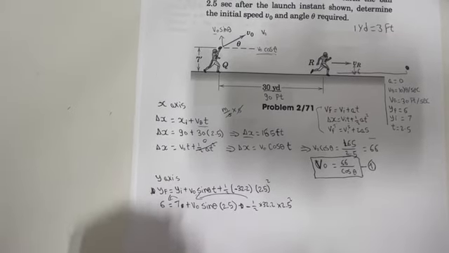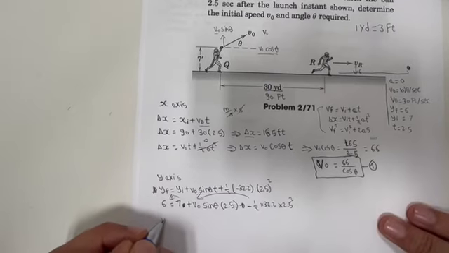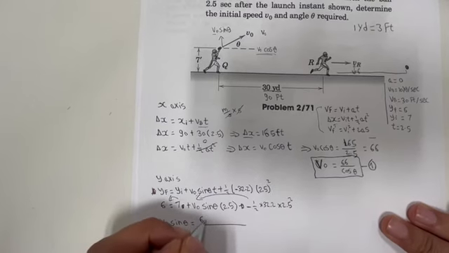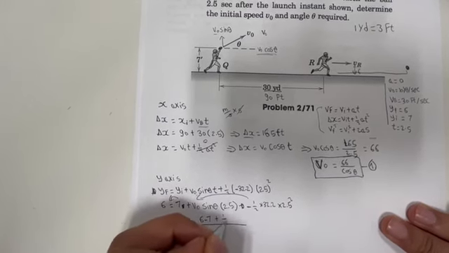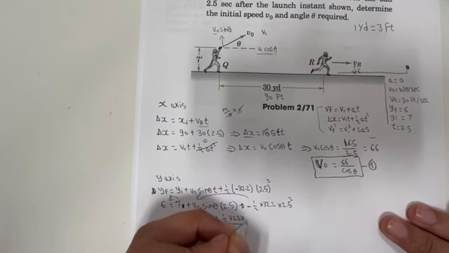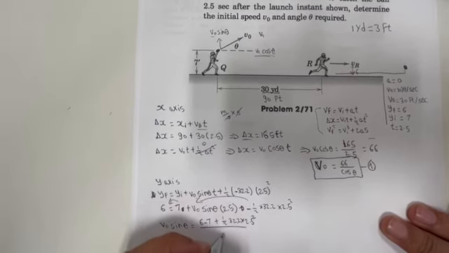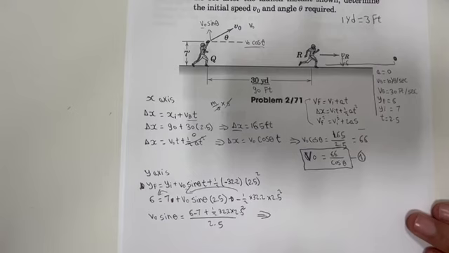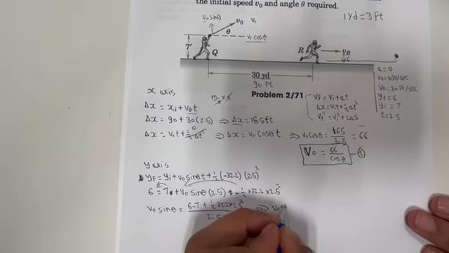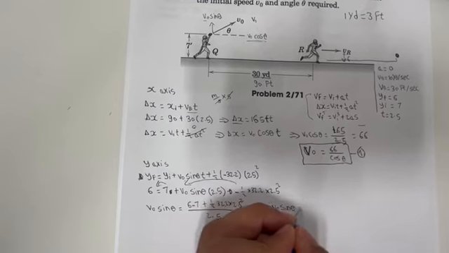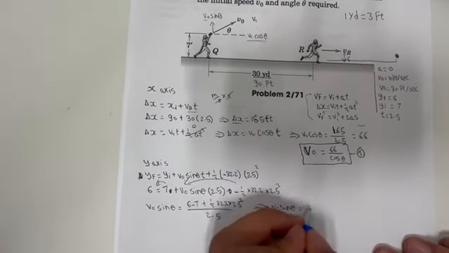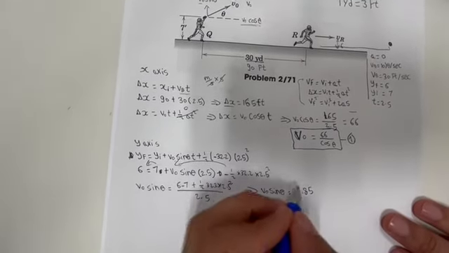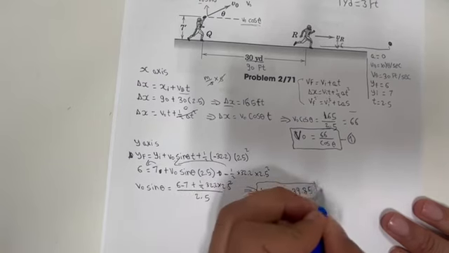So v naught sine theta equals 6 minus 7 plus half of 32.2 multiplied by 2.5 squared, all over 2.5. If you did it by calculator, v naught sine theta equals 39.85. That is the second equation that we have.